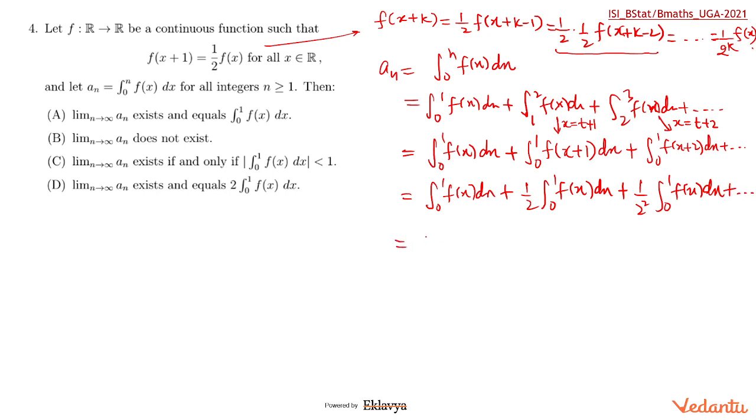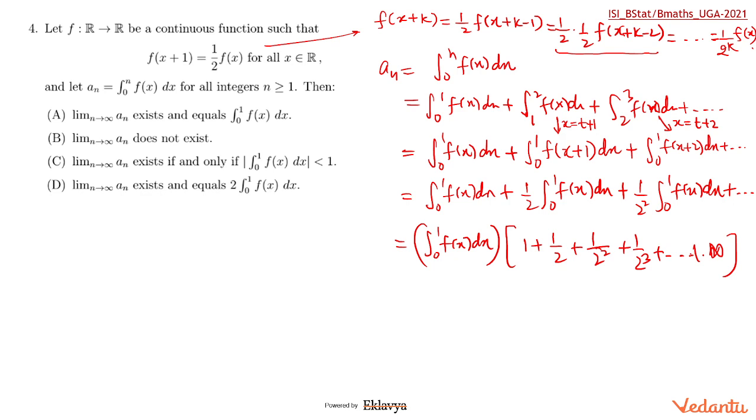So if you take the integral 0 to 1 of f(x) dx common to all these terms, you'll get 1 by 2, 1 by 2 square, in the same manner 1 by 2 cube and so on, taking the limit n tending to infinity. So this is the sum of a GP now. I am talking about a_n as n tends to infinity.